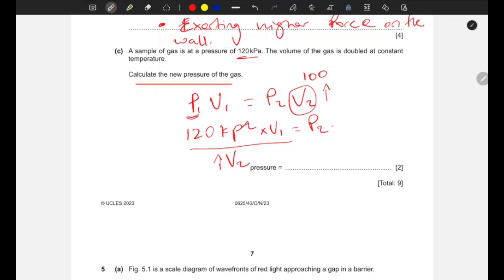Initially it was 120 divided by 100, but when it doubles, it would be 120 divided by 200, if that makes sense. So since the pressure is inversely proportional to V2, when V2 doubles, the pressure halves. So we do 120 over 2, which gives us 60 kilopascals.